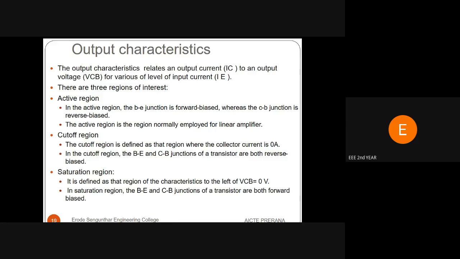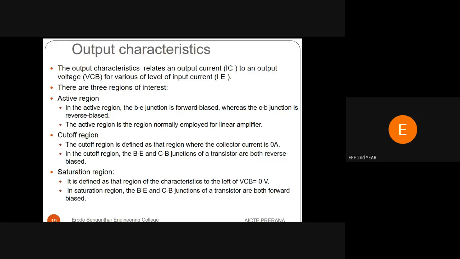Now let us see the output characteristics of the common base configuration. The output characteristics relate output current and output voltage for various values of input current. In this configuration, output current is collector current IC, output voltage is collector base voltage VCB, and input current is emitter current IE.